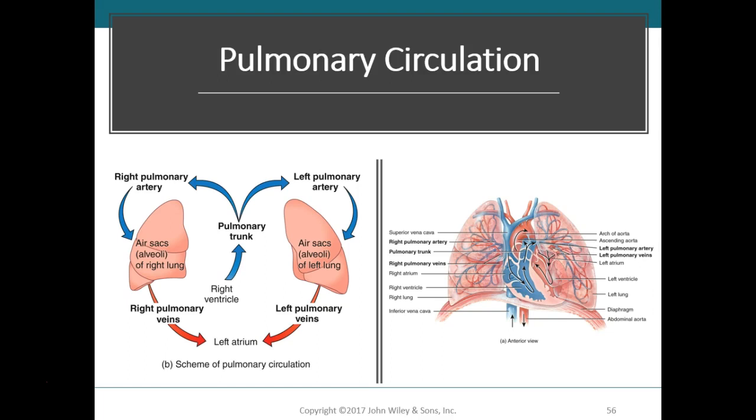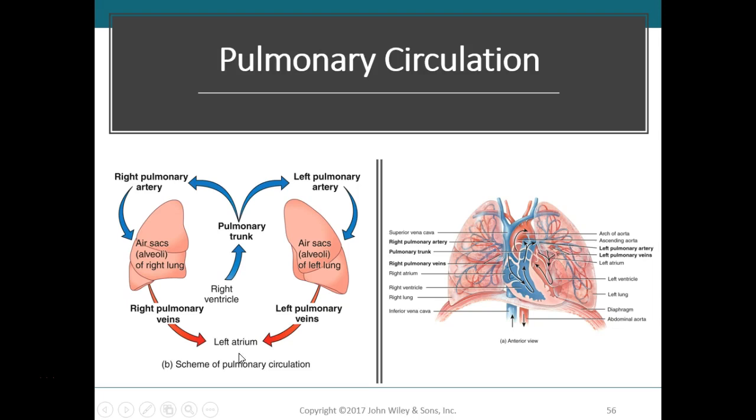Remember, usually veins are bringing blood back into the heart from the systemic circulation and carrying that deoxygenated blood returning from the body. So once the left ventricle contracts, that oxygenated blood is pushed out into the aorta and out into systemic circulation.